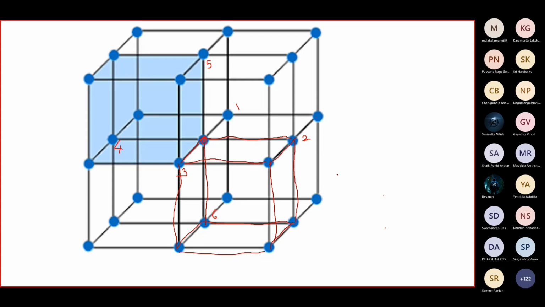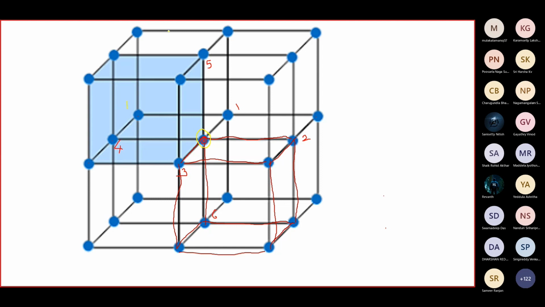Let's consider this unit cell. In this unit cell, each of the corners has one atom. Now just concentrate on this particular unit cell. This unit cell is part of how many unit cells here? I'll start marking.